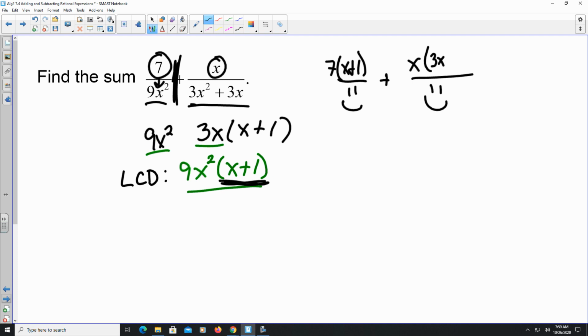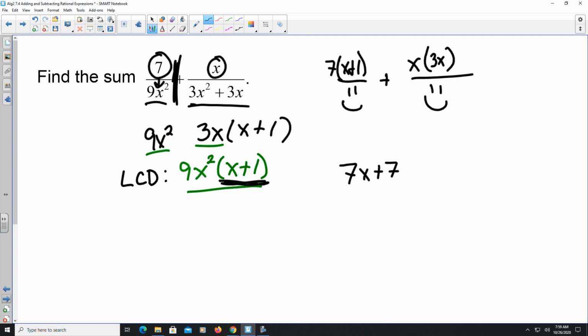And it's already got the x plus 1, so that's what I additionally multiplied to that particular fraction. So now I'm going to multiply those terms there, which then gets us to 7x plus 7.